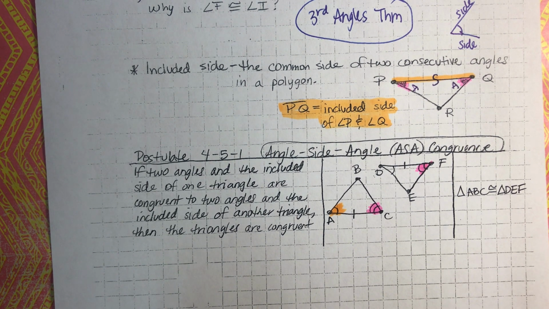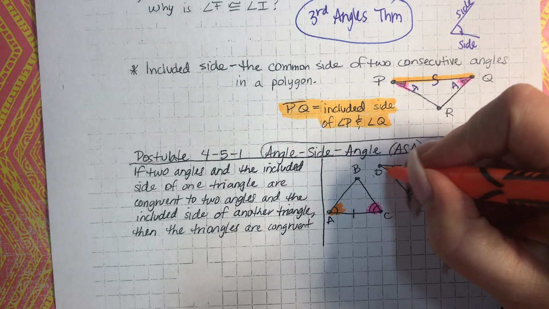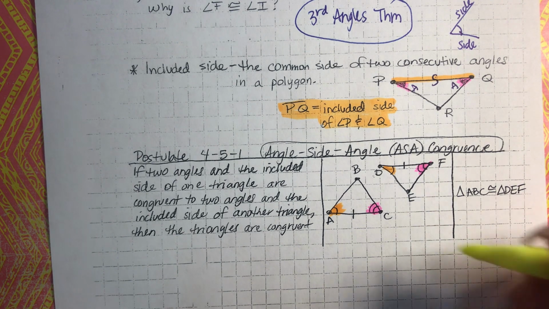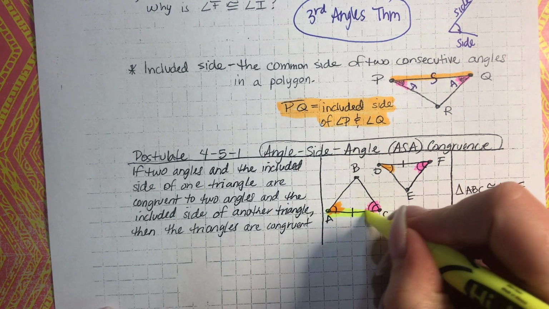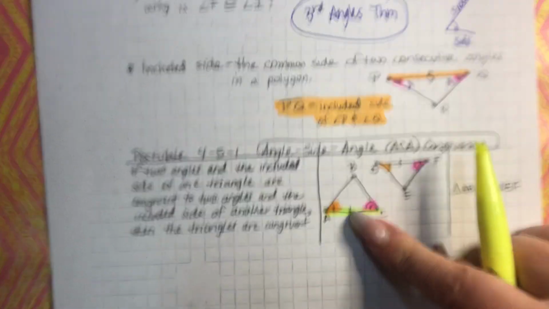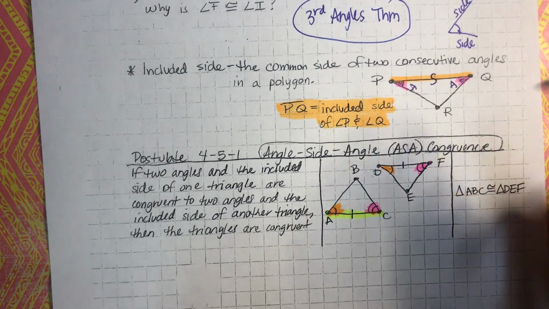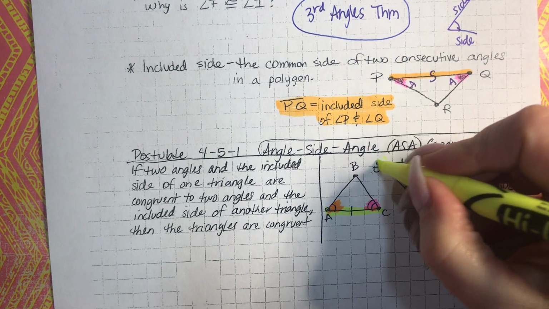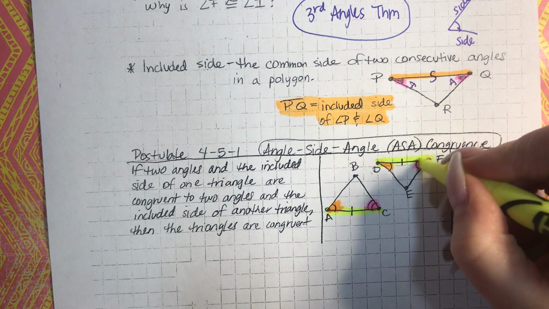My bad. Okay. And what would be the included side for those two angles? The included side would be right here, and this side, sorry about that. I bumped it. This side is congruent to this included side here.